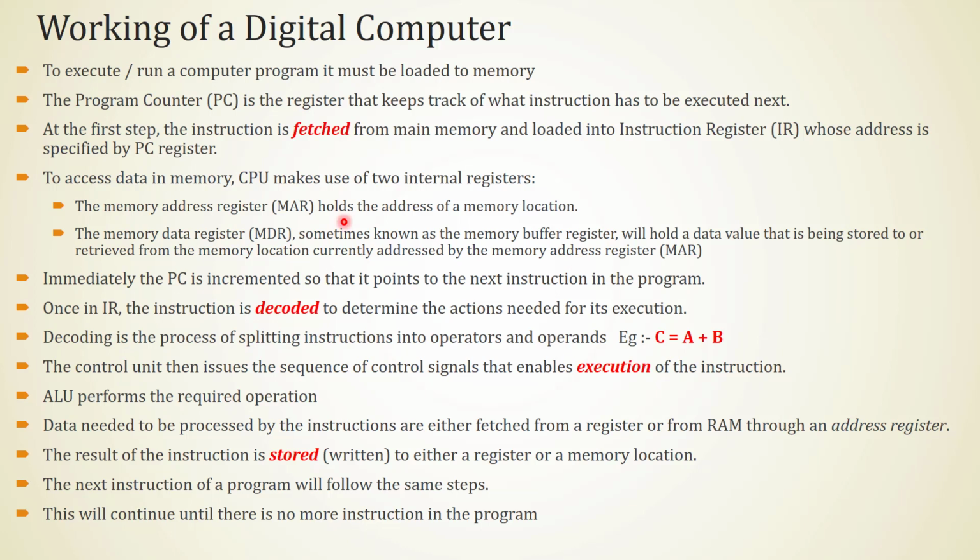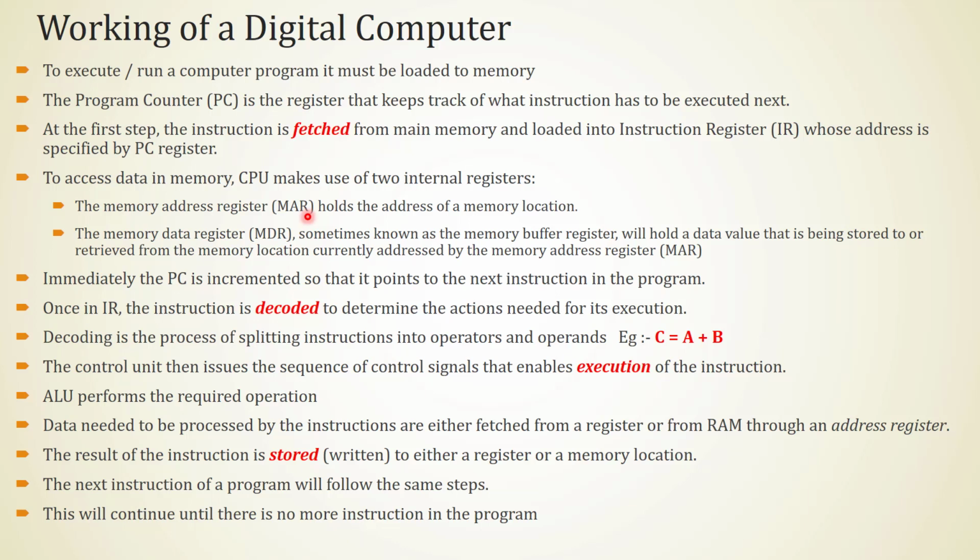I already told you the memory address register will contain some address. Suppose I want to read some data from RAM or memory. To read data from memory, I have to specify the address location. That address location will be specified in the memory address register. If I produce a read signal, the data in that particular location will be read.